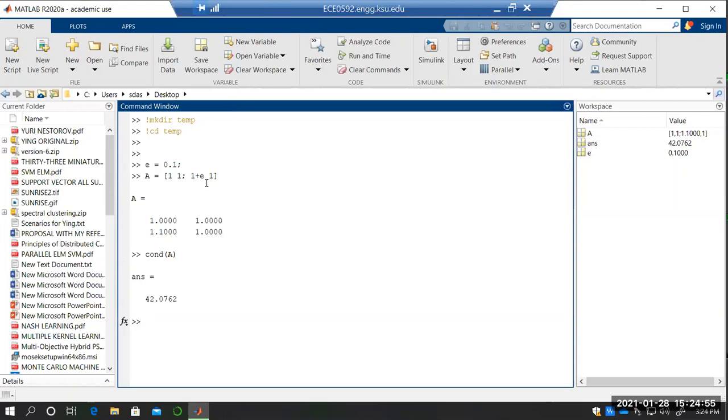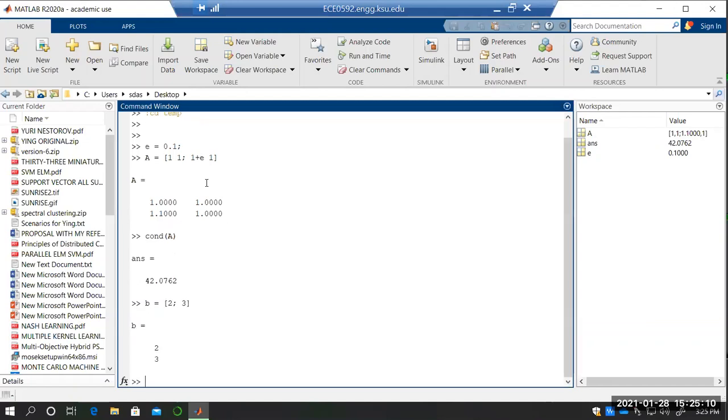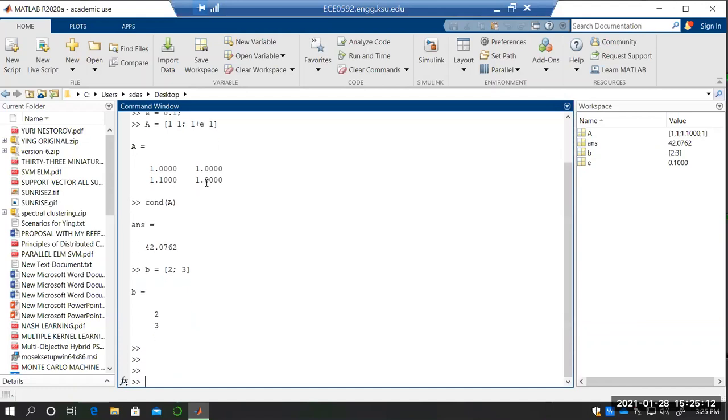Now let B be equal to whatever. Let's say x equals [2; 3].